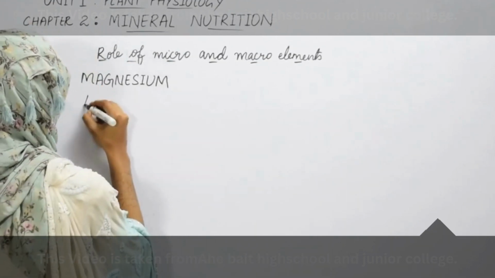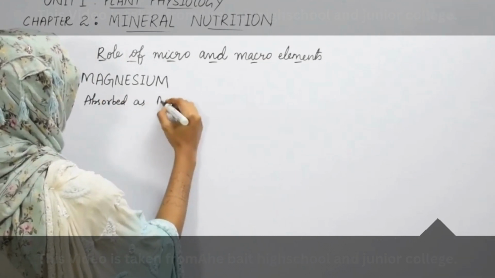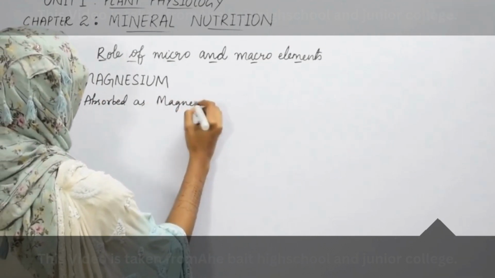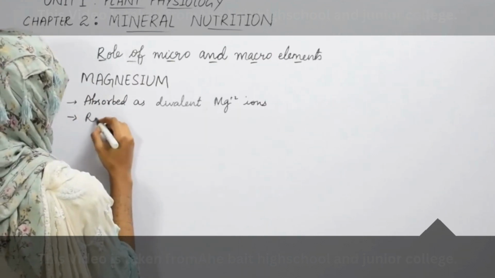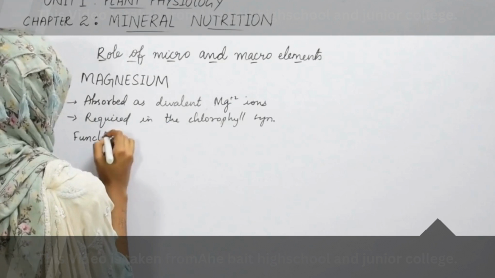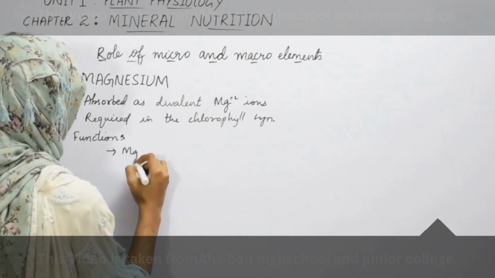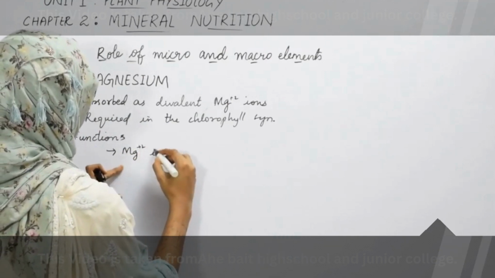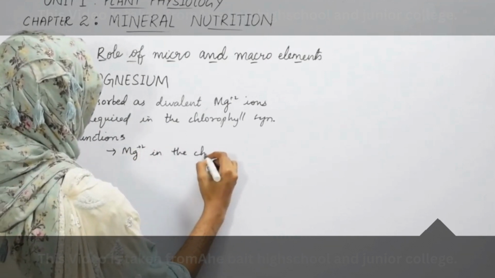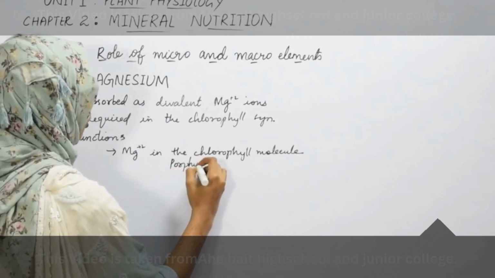Magnesium is absorbed as divalent magnesium ions from the soil into the plant body and it is required in chlorophyll synthesis. When we talk about the functions of magnesium, these magnesium ions are required in the porphyrin ring of the chlorophyll molecule.